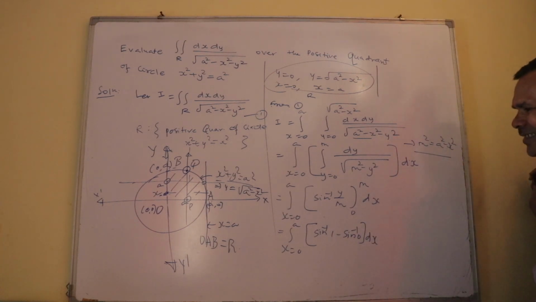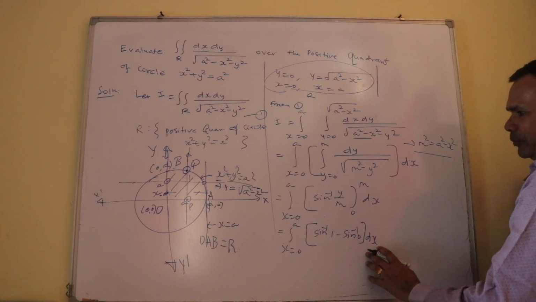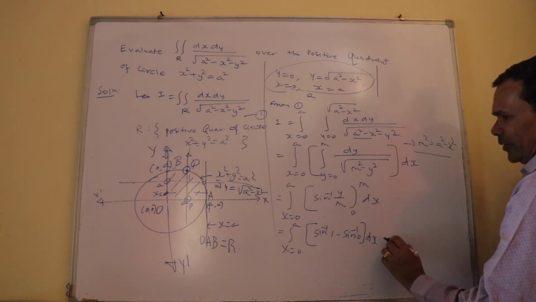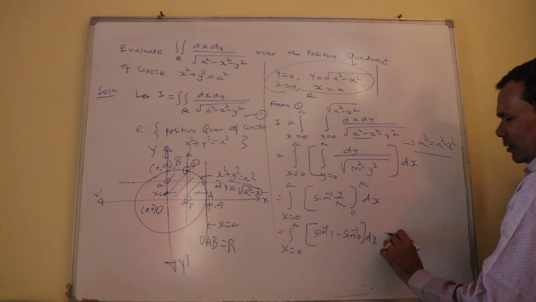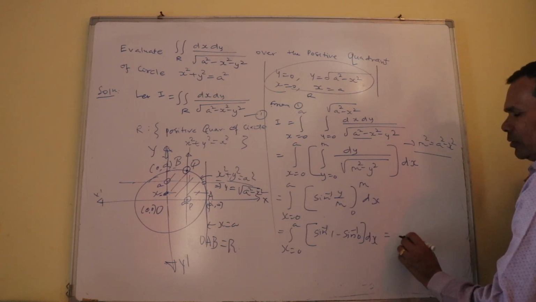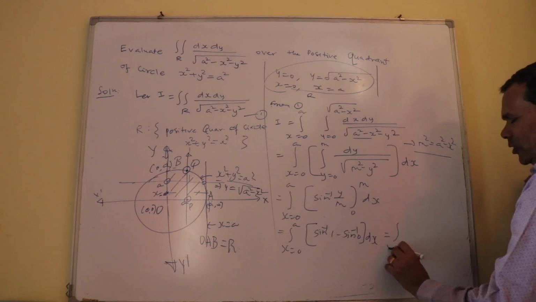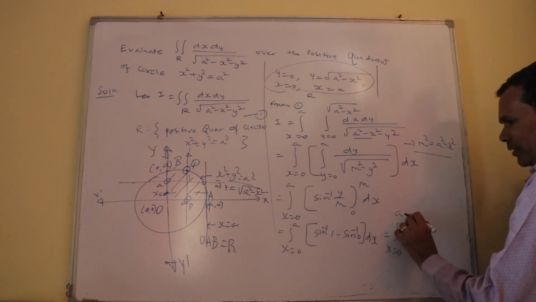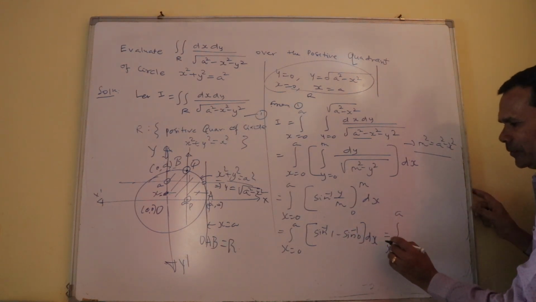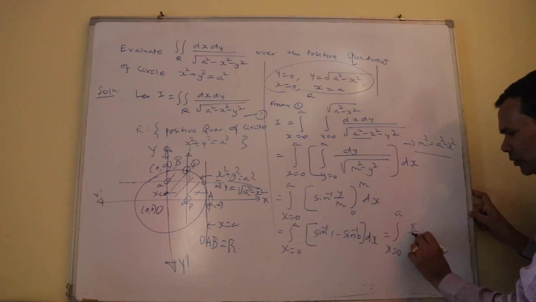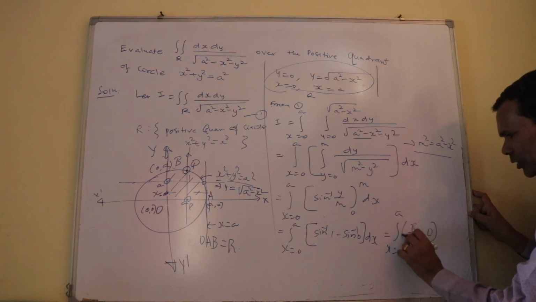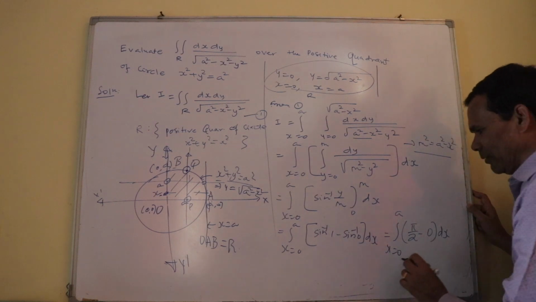So you are getting this as sine inverse 1 is pi by 2 minus 0 into dx, and we simplify this.